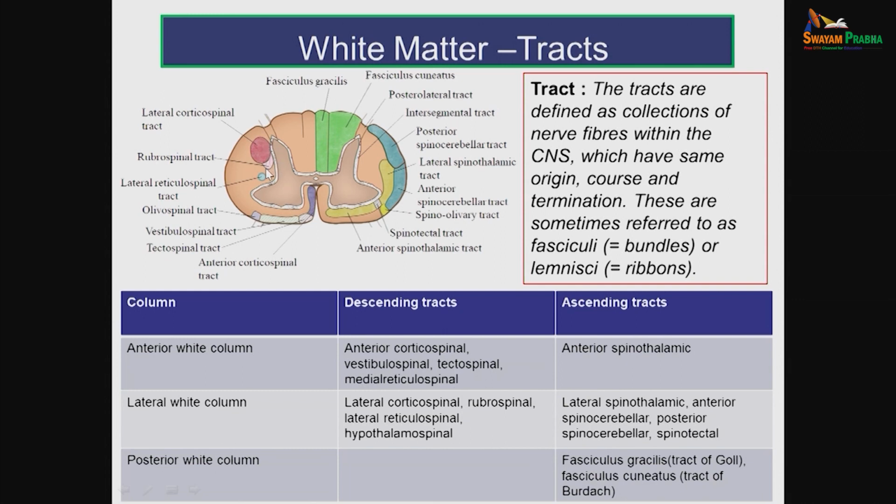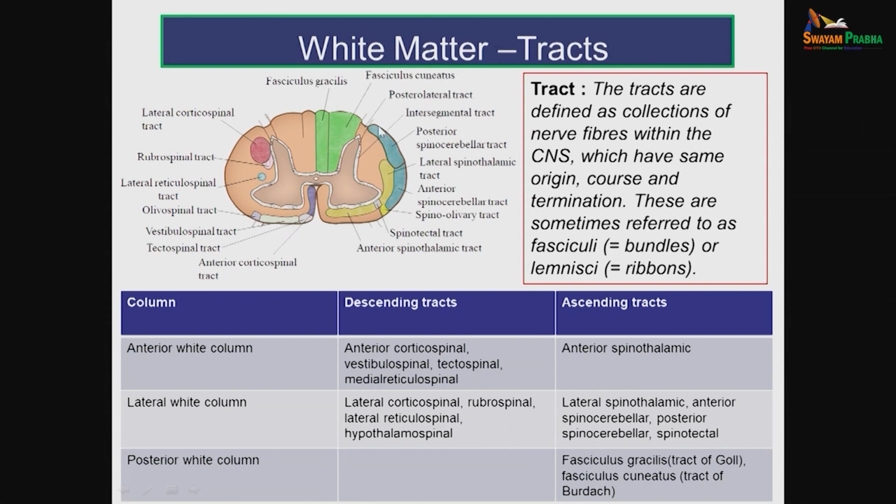Then you have rubrospinal and lateral reticulospinal, along with possibly hypothalamospinal. In the anterior white column, you have anterior corticospinal. On either side of the anterior median fissure, you will see the anterior corticospinal. Other than that, smaller tracts like vestibulospinal, tectospinal and medial reticulospinal are seen. All these are labeled in the picture.